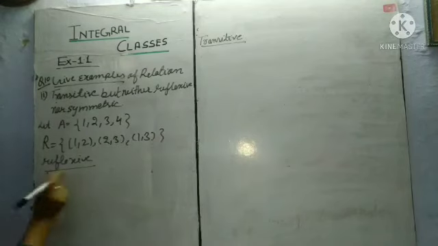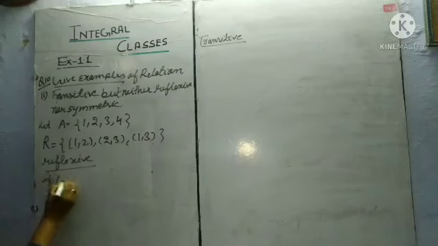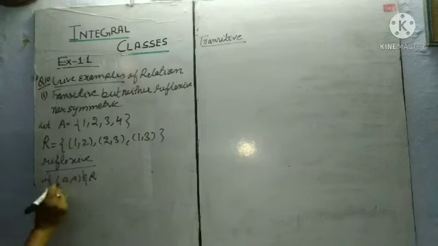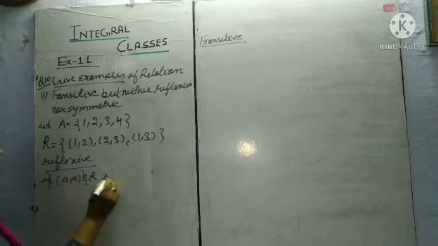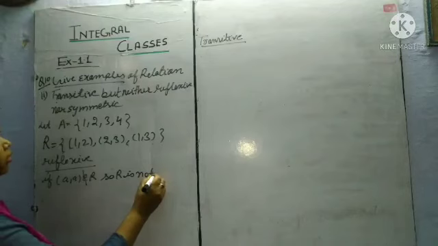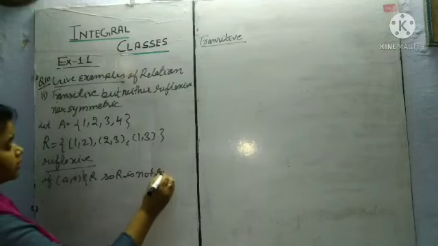Now for reflexive, if a, a belongs to R, so here we observe that pairs like 1, 1 and 2, 2 do not exist in the relation R. So R is not reflexive.